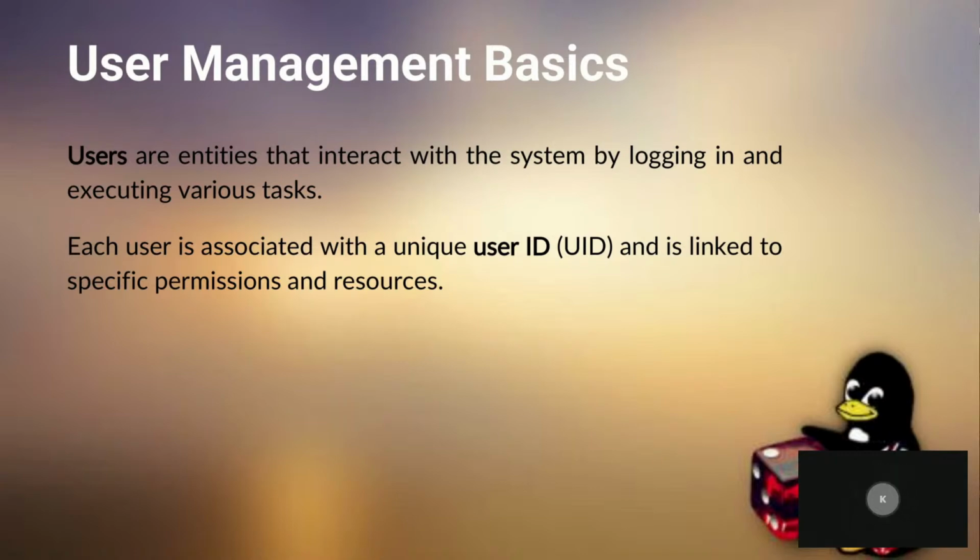Every user in a Linux system has some attributes associated with it. For example, every user has a unique ID that can be used to identify the user, and every user has a unique name, a username, that can be used to log into the user's directory and perform the actions that the user has permission to take care of.